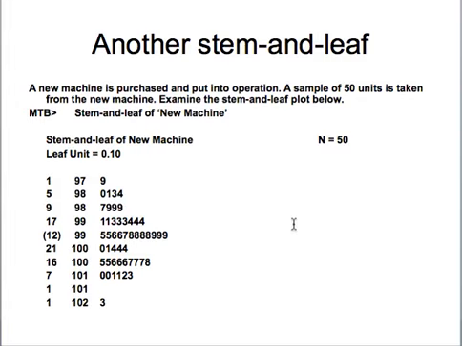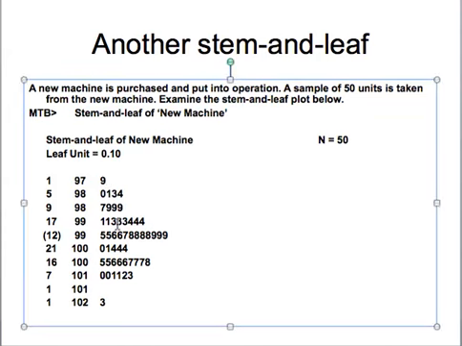N is equal to 50, indicating that we have 50 values in this data set. Now the leaf unit is equal to 0.1. So it indicates that this 9 is 0.9. You may want to say 9 times 0.1 is equal to 0.9.